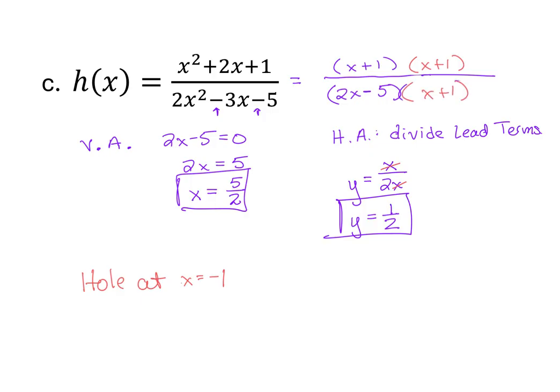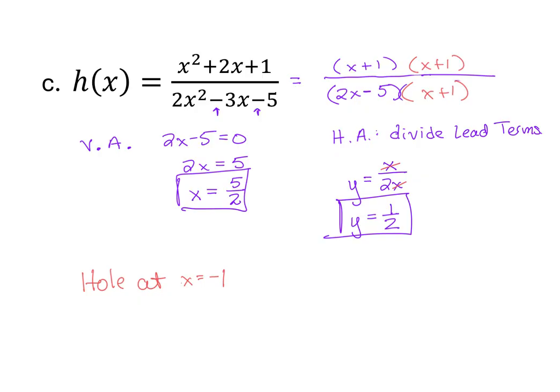A hole is a point, a ghost point. In order to find this ghost point, we take this -1 and plug it into the simplified function.